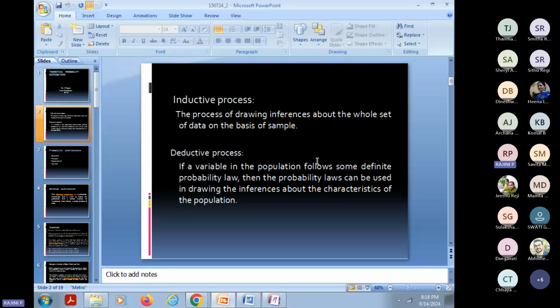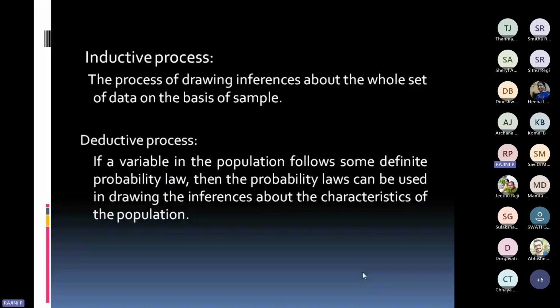If I'm telling that 70% chance is there to get a head, then this is called the deductive process. Clear? So through the probability, you are giving the conclusion to the population. Is it clear, everyone? What is the difference between these two?